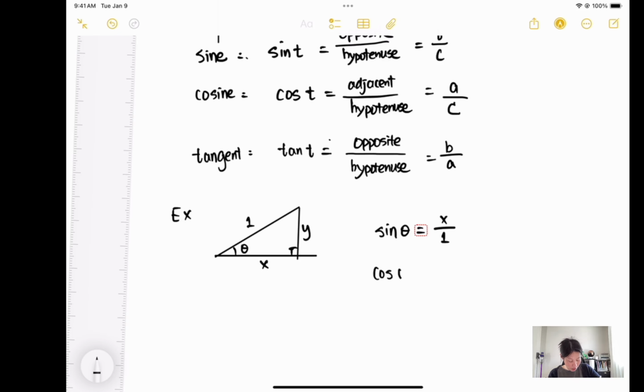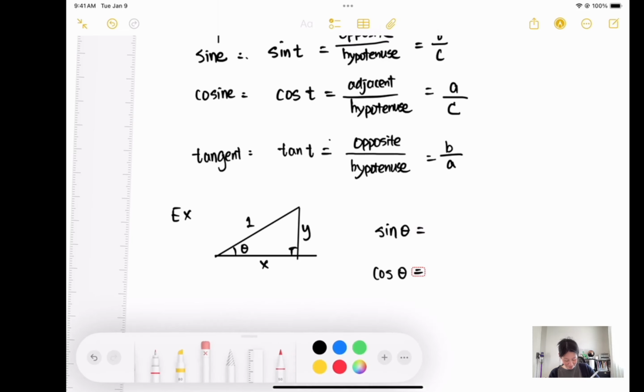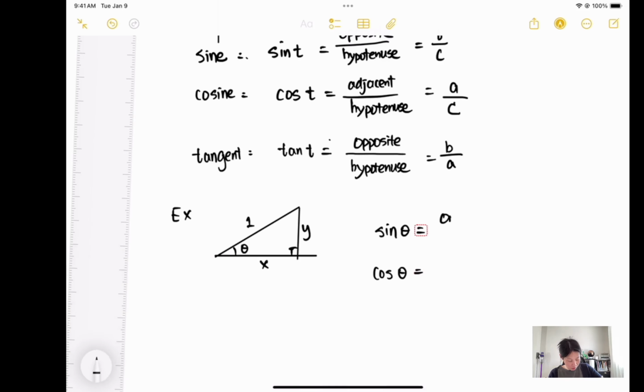And then cosine theta should be y over 1, because it's the adjacent over the hypotenuse.